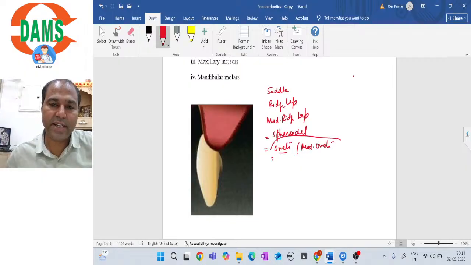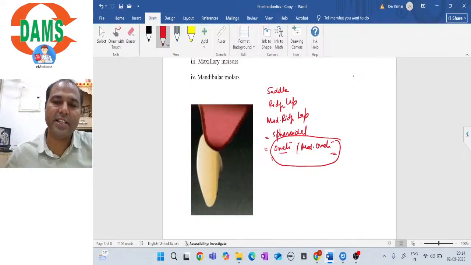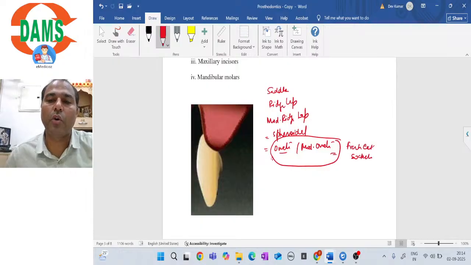The most aesthetic pontic in the anterior aesthetic region is your ovate pontic, that is given in fresh extraction sockets. This question has come many times, not once, a thousand times.